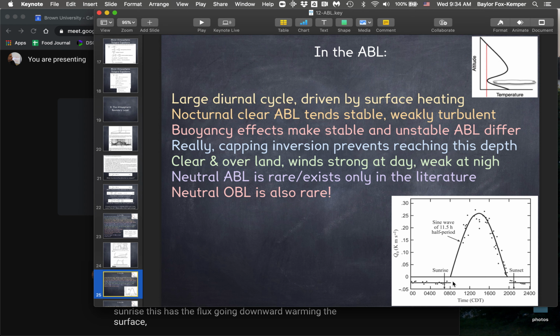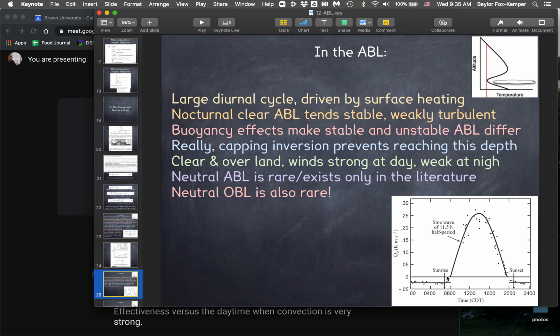But during the day, the surface is warm and the flux is going upward. And so the turbulent fluxes are going between the stable nighttime boundary layer, where they are negative and of relatively low effectiveness, versus the daytime when convection is very strong.